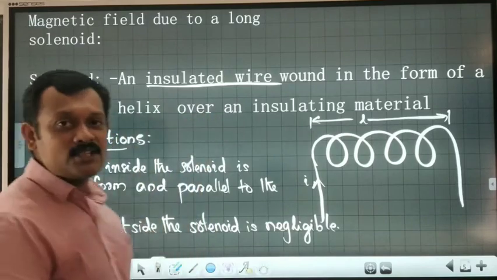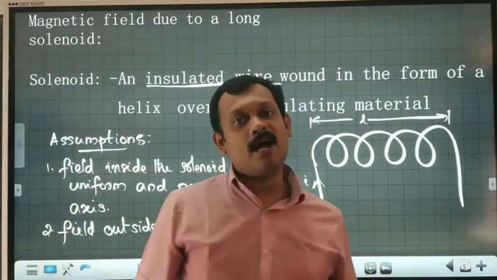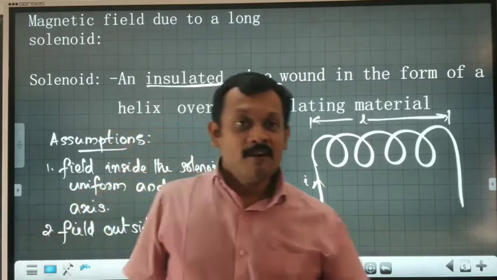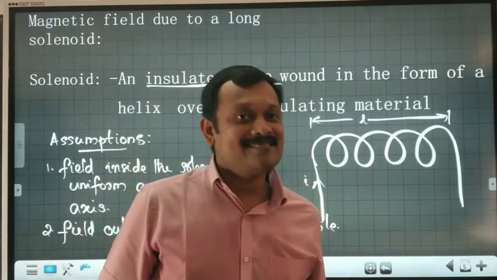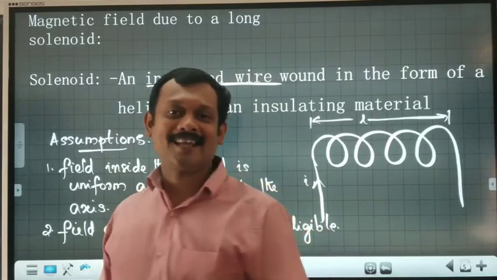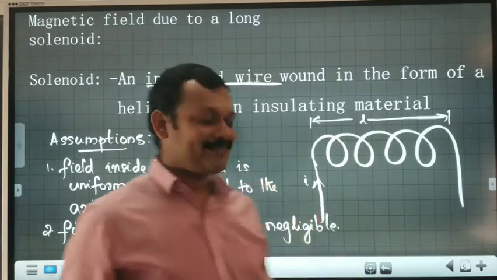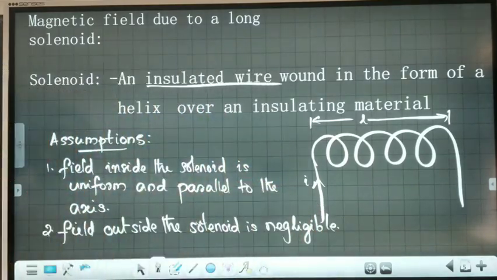Please understand these two assumptions very carefully. The field inside the solenoid is uniform and parallel to the axis, whereas the field outside the solenoid is negligible.